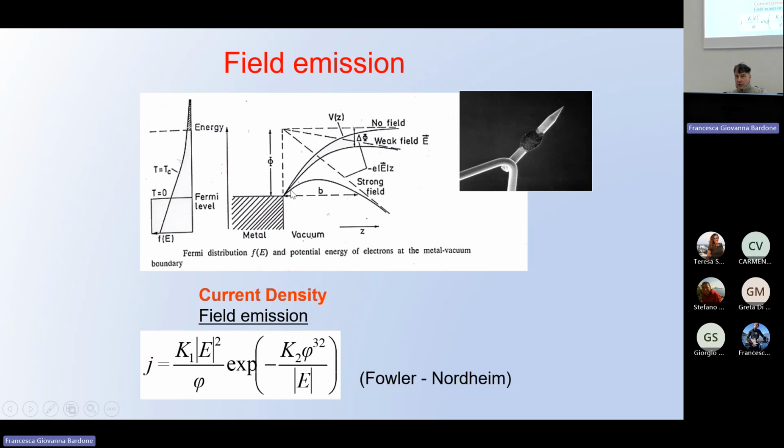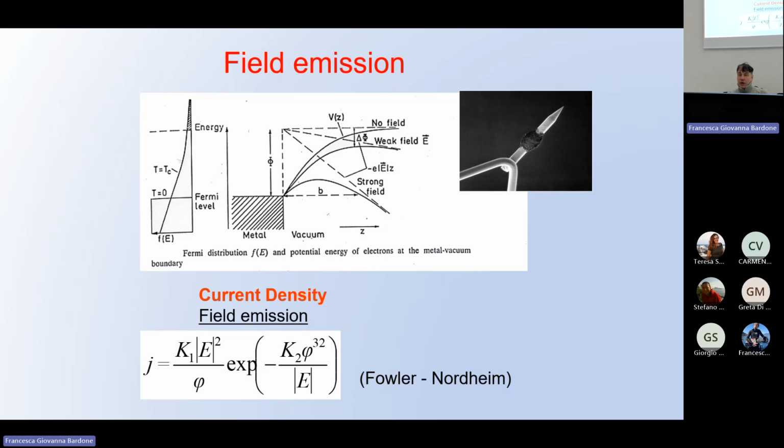With a strong field, the barrier becomes very, very small. And the electrons, by a quantum effect, can pass through the barrier. The electron produced by a field emission source is produced by a quantum effect. So the barrier is so small the electrons can pass through.